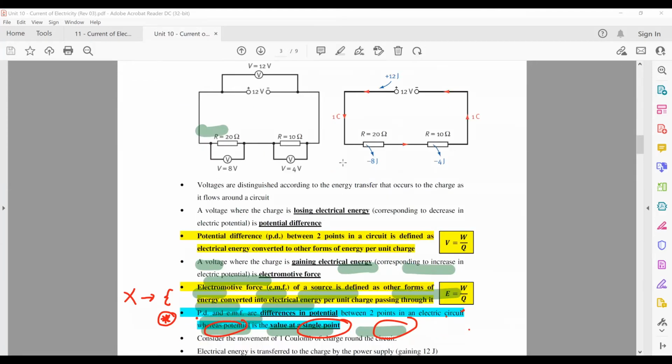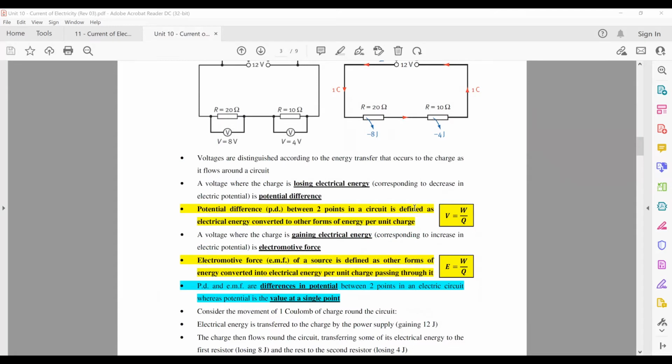Now, on the other hand, if you have a voltage where charge is gaining electrical energy, corresponding to an increase in electrical potential, that is electromotive force, EMF. EMF is defined as other forms of energy converted to electrical energy per unit charge passing through it.